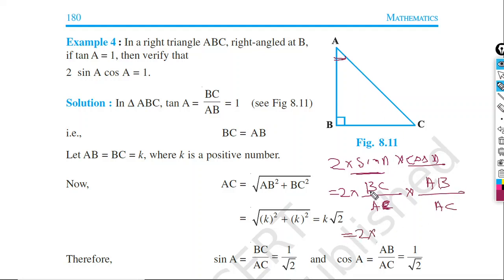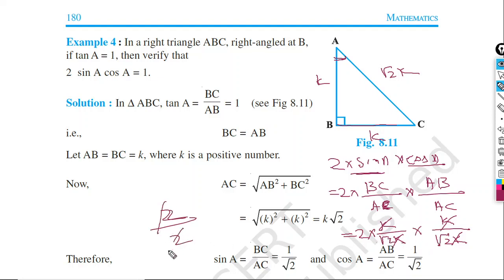What is the length of BC? Look at the figure. BC we had assumed as K, AB also K, and AC was root 2K. So it is 2 into K by root 2K into K by root 2K. Now K cancels. What remains is 2 in the numerator divided by root 2 into root 2, which is 2. So 2 by 2 is equal to 1. So we got 2 into sin A into cos A equal to 1.